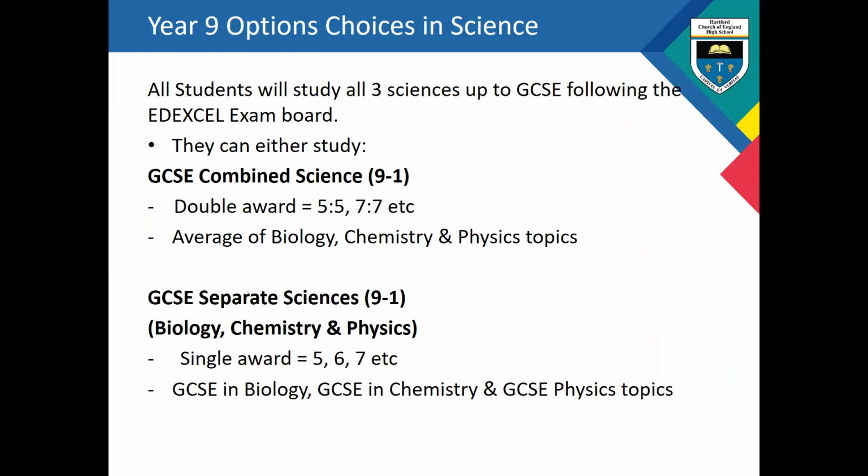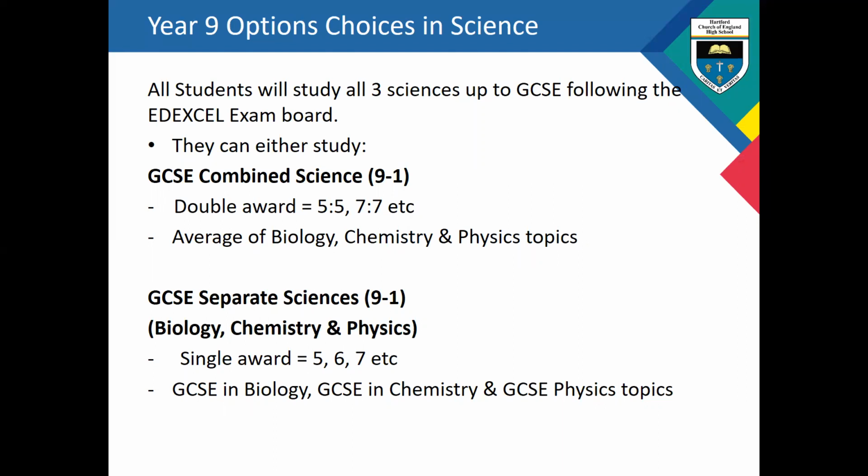Once students get to year 9, they will start making their option choices. In science, all students will study all 3 of the sciences up to GCSE following the exam board Edexcel. They've got 2 options. They can either study GCSE Combined Science, which is a double award, so they will get 2 grades, and it is the average score of their biology, chemistry, physics exams that they take in the summer of year 11.